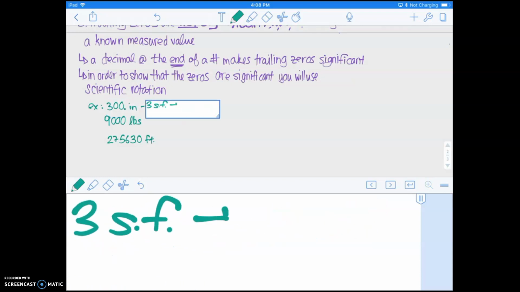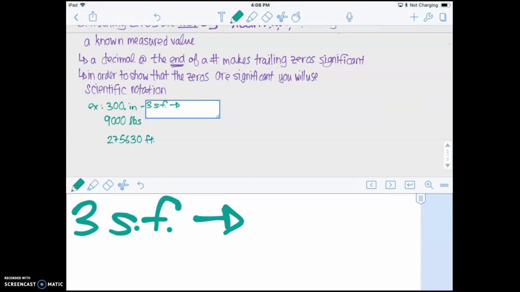So the way that you want to write it is you want to transform it into scientific notation. So remember, our coefficient, our big number out in front of the times 10 to the, has to be a number between 1 and 10. This one's really easy. We just have to put a 3. But if we just had a 3, that would only be 1 significant figure. And again, this guy's got 3 significant figures, so how do we show that?